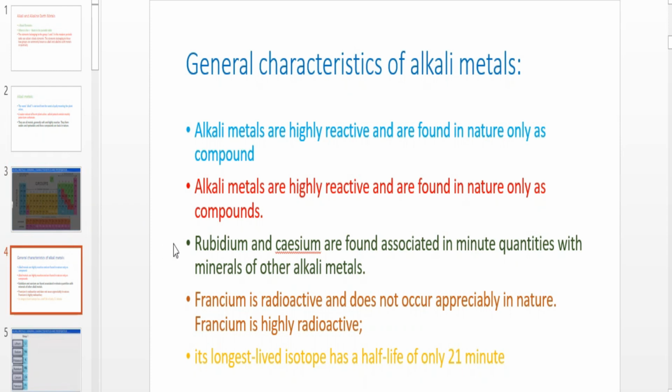Okay. Let us study the general characteristics of alkali metals. The first one is that alkali metals are highly reactive. Okay, if you look at the reactivity of these alkali metals, they are highly reactive.